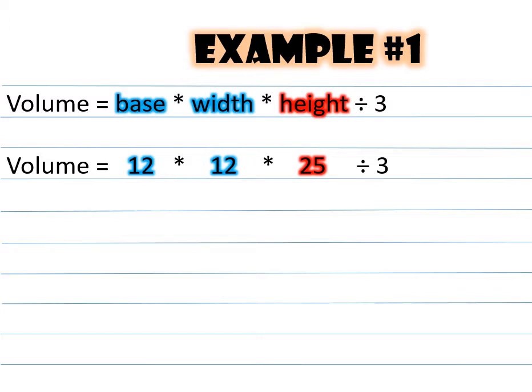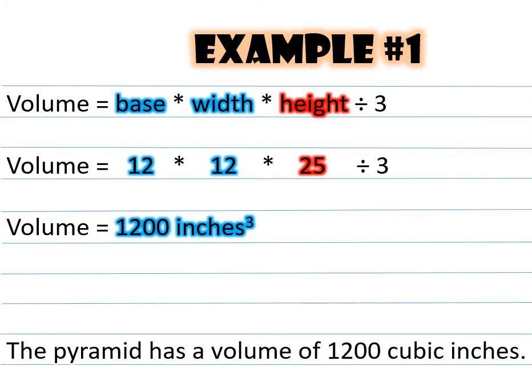The height is the center height going from the base at the bottom all the way to the apex at the top. We would multiply that all together, divide it by 3, and our calculator would give us an answer of 1,200. We put our label on that and call it 1,200 cubic inches.